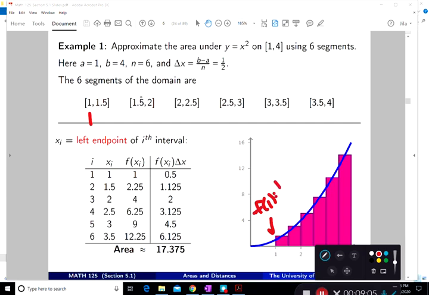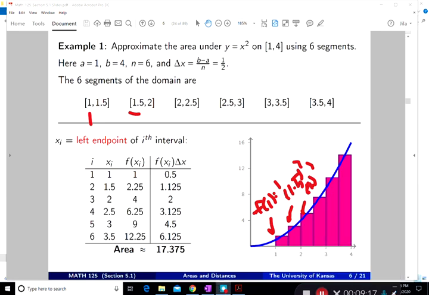Over here, left endpoint, it's 1.5 to power 2. Here, left endpoint is 2 to power 2, and so on and so forth. And you get all these areas of the rectangles. You add them together, and using the left endpoint sample, you approximate the area under y equals x squared.